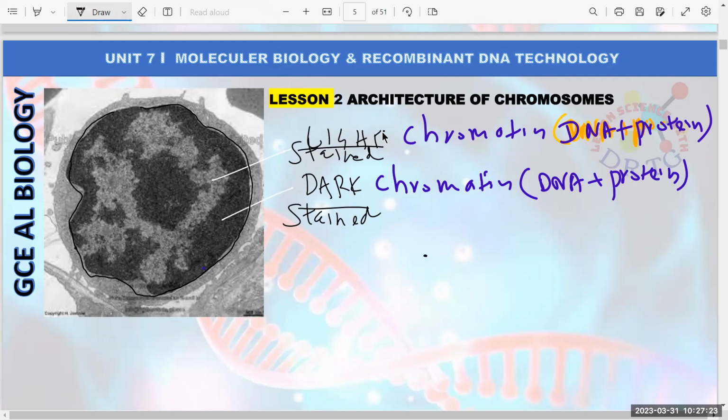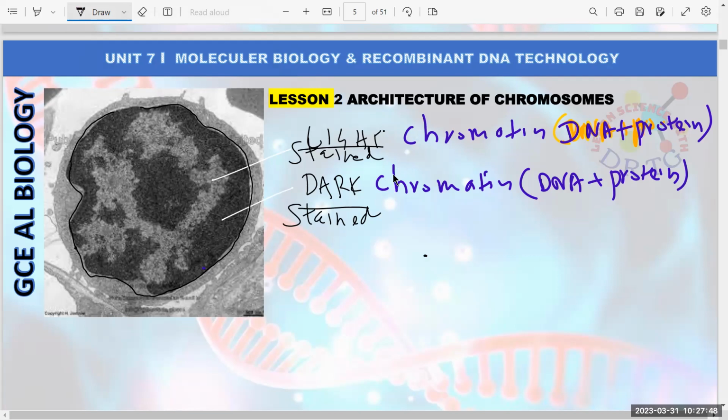That means in the dark area, the chromatin is higher. In the light area, chromatin is less. That means DNA is less. We can say it's concentrated, but we don't use this word concentrated. It's like lightly packed.